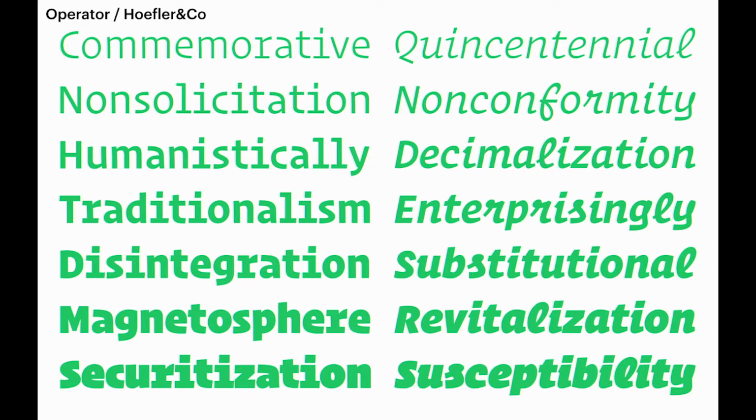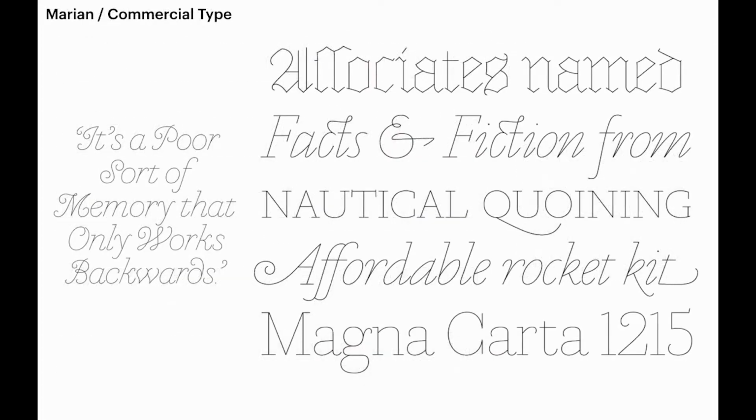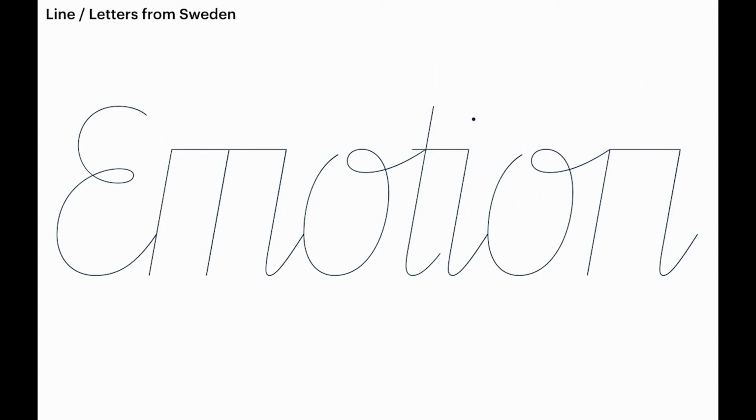I should say, okay, Operator, Hoefler, Chimera, Maria Deriuli, Marian, Commercial Type presented here on exhibition, Lion, Letters from Sweden, and so on and so on. It's quite a lot of projects which prove that this is still an ongoing thing.